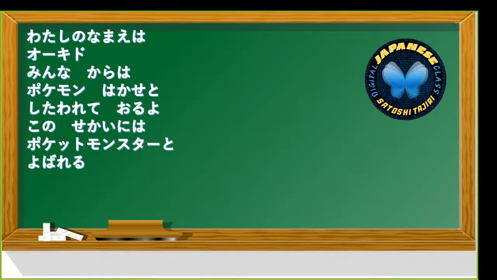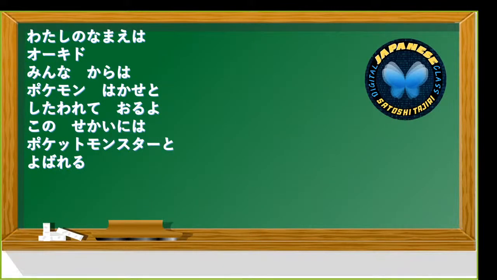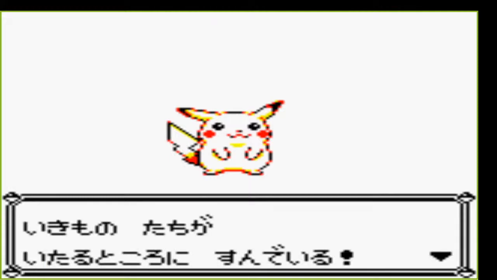Okay, この世界にはポケットモンスターと呼ばれる。Okay, 呼ばれる。Okay, very good. はい、よくできました。Okay, let's continue the story now. Okay, how about this one? Let's try to read.